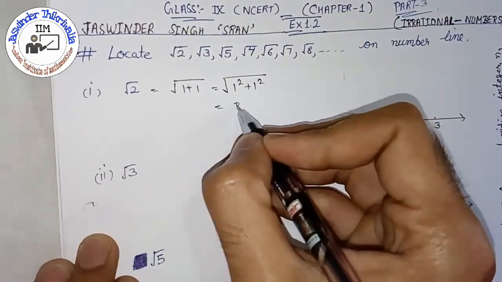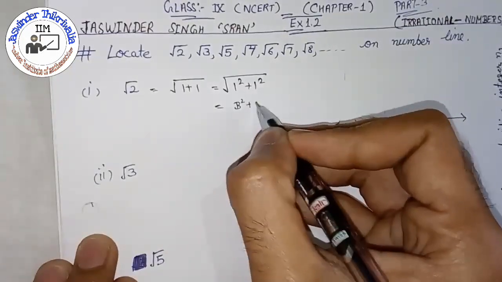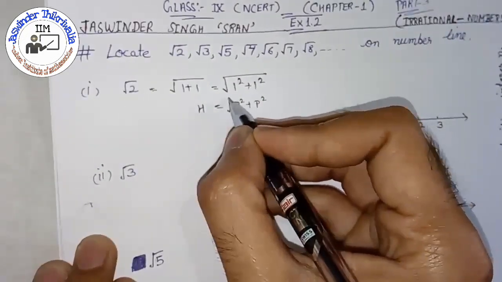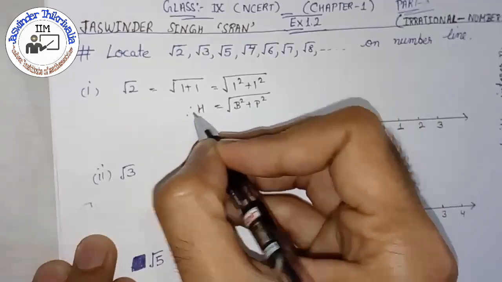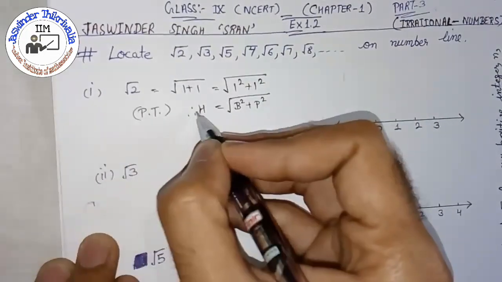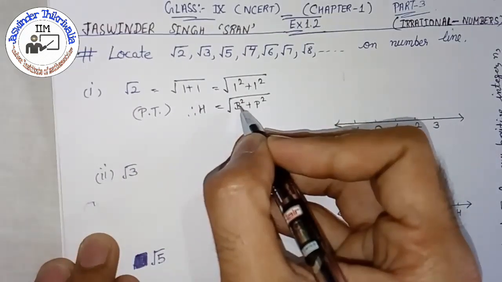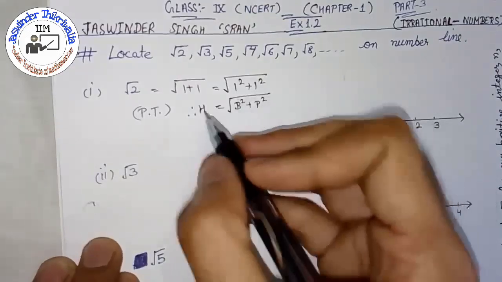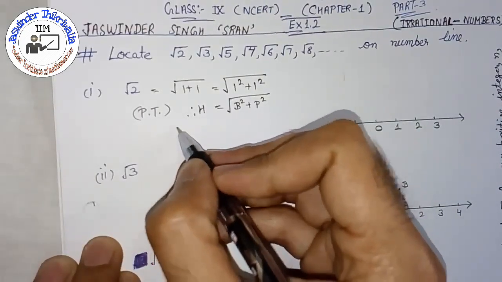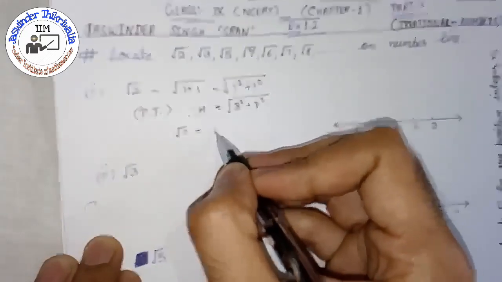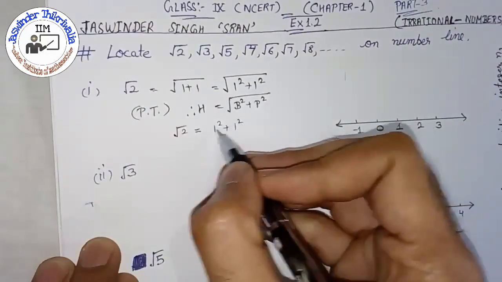Now this one is base square, this one is perpendicular square, and it is equal to h. So according to the Pythagoras theorem, hypotenuse is equal to base square plus perpendicular square. So this under root 2 is equal to 1 square plus 1 square.